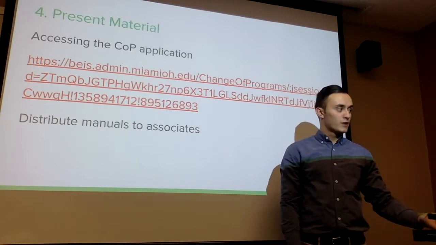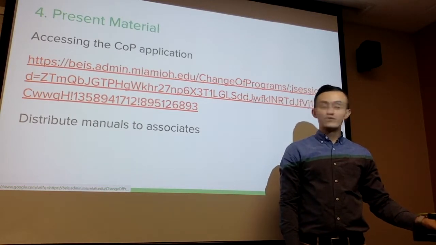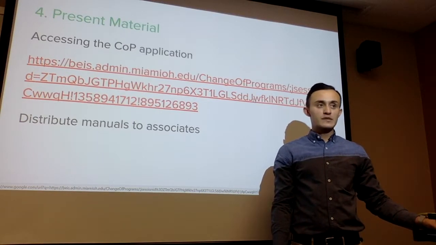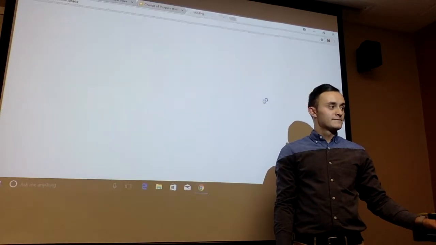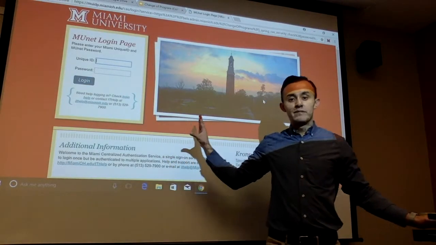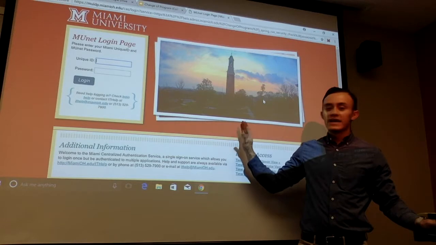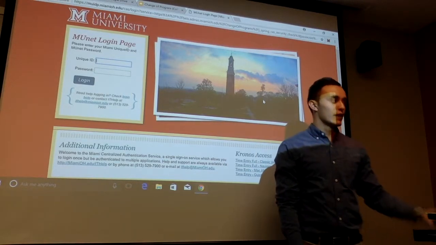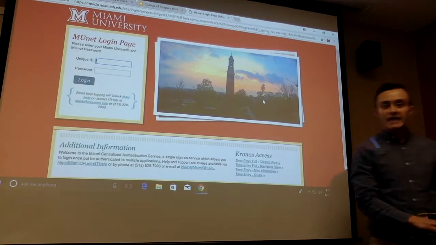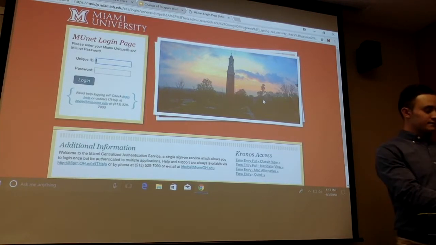And to begin with, I'm going to show you how to access the application. You will be receiving the link to the application, and that will take us to the main access page. In this access page, you will enter your personal information or your user ID and password.